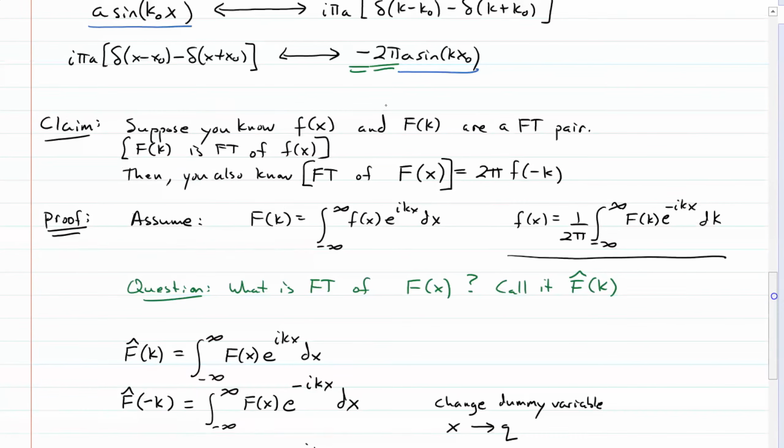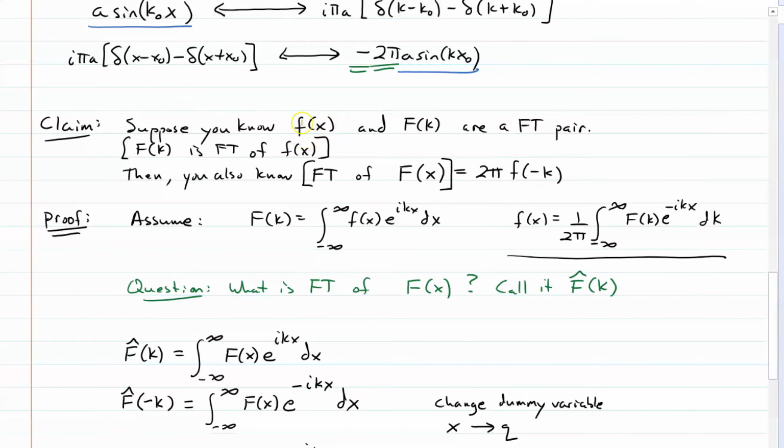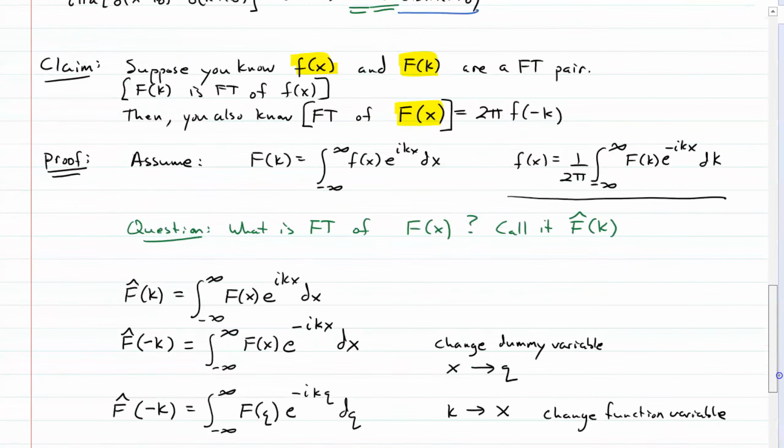What was I trying to show? If you know two functions, f of x and F of k, which are a Fourier transform pair, then you also know the Fourier transform of capital F with the argument replaced by x instead of k. And it's 2 pi times the other function with the argument being minus k. Okay? So I think that's what we just showed, right?